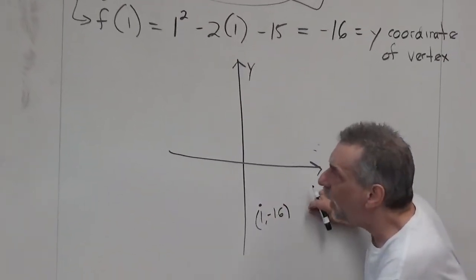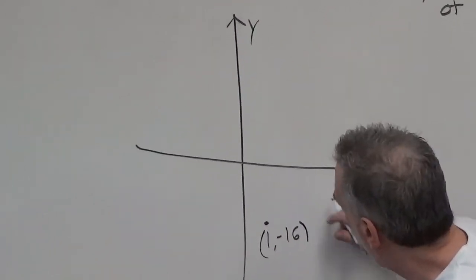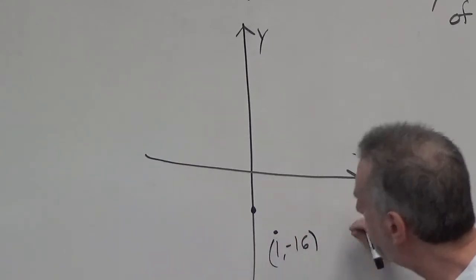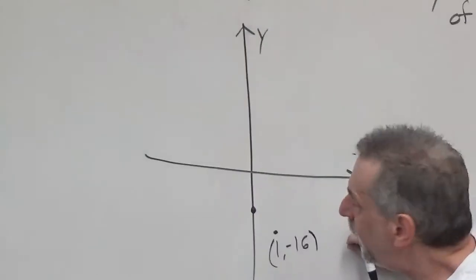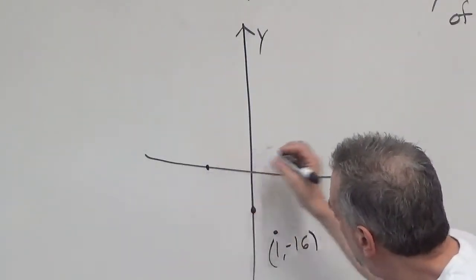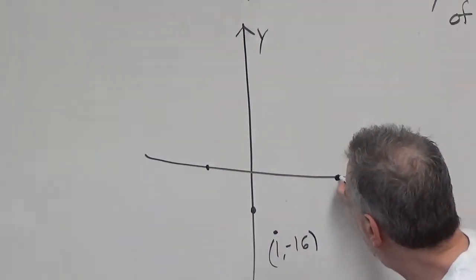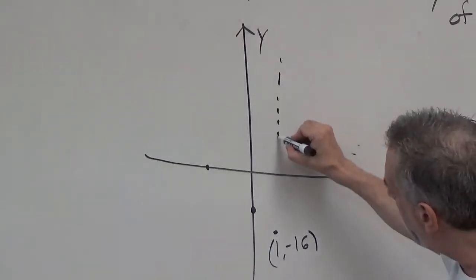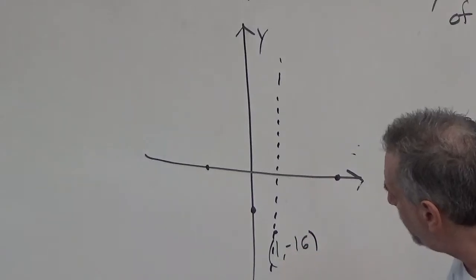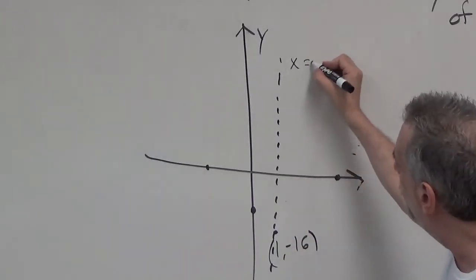We know it opens up. We have our y-intercept at (0, -15), which makes sense with our graph. We have our x-intercepts at -3 and +5, which again makes pretty good sense with our graph. Our axis of symmetry always goes through the vertex, so that's x equals 1.